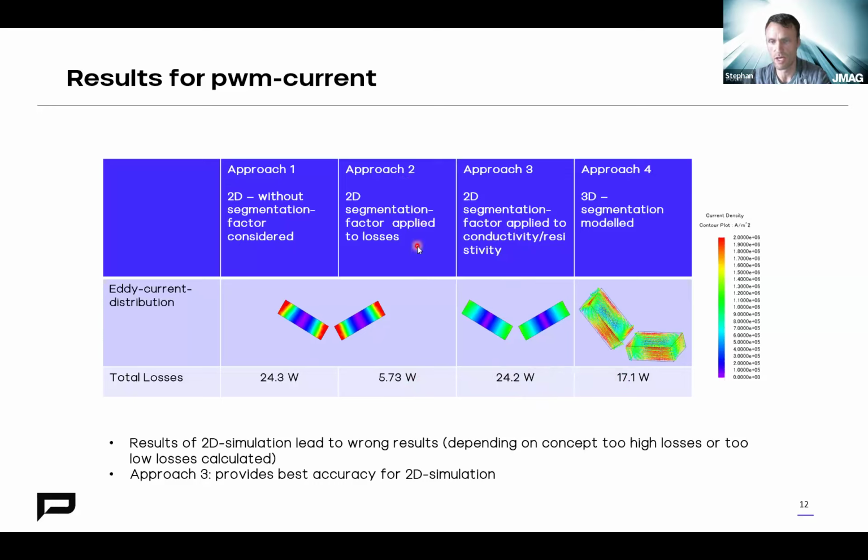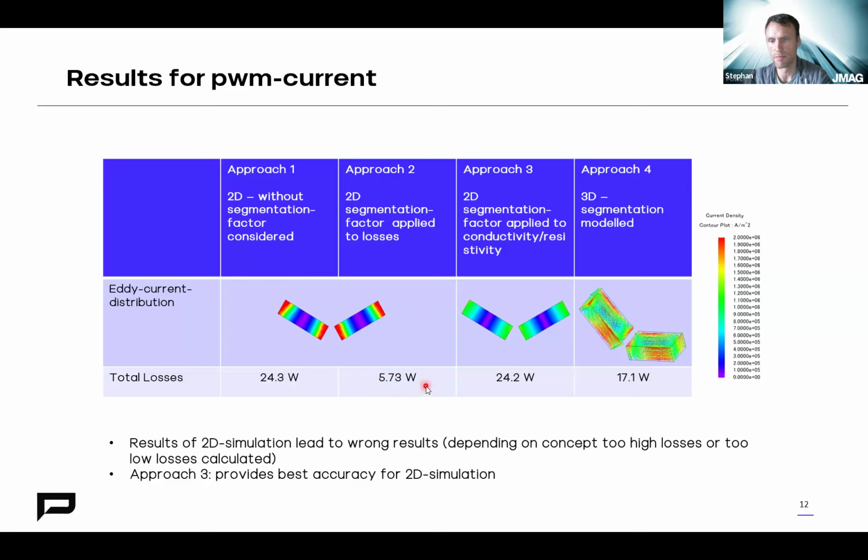In approach 2, we have divided the joule losses we get as a result from the 2D simulation with the segmentation factor. And this gives a far too low value for the eddy current loss.